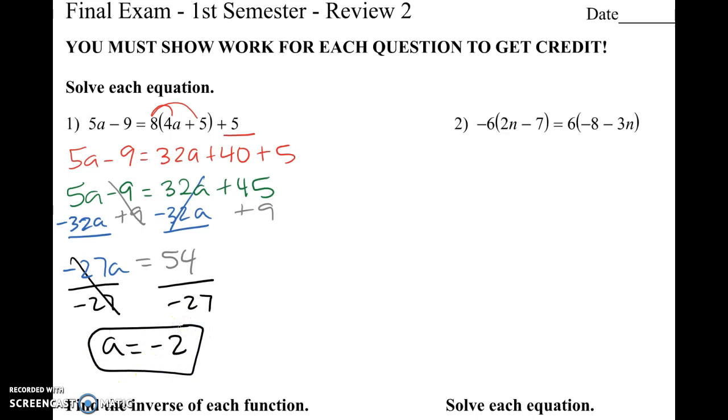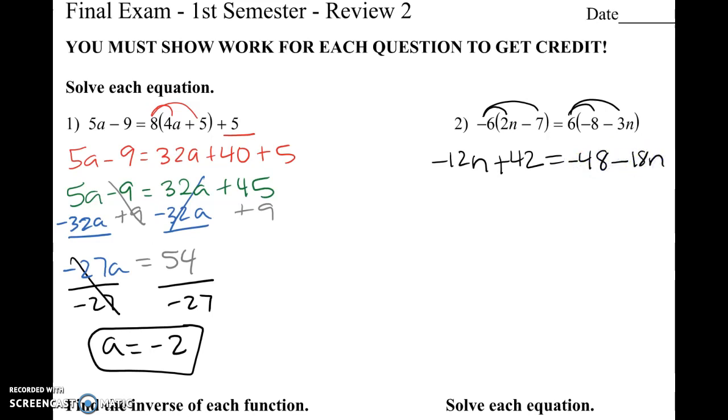Now going over to question number 2, I actually have distribution twice, so I have to distribute this negative 6. So I have negative 12n plus 42, and on this other side I have negative 48 minus 18n.